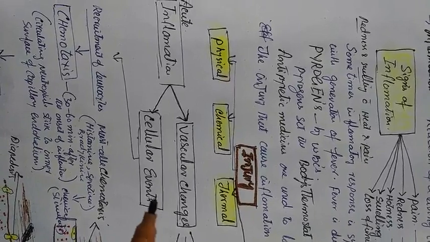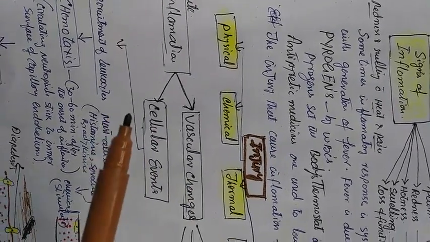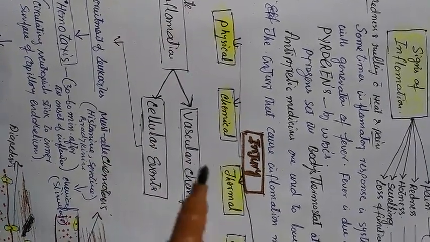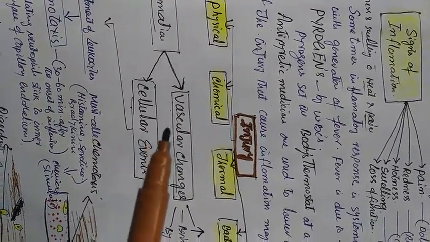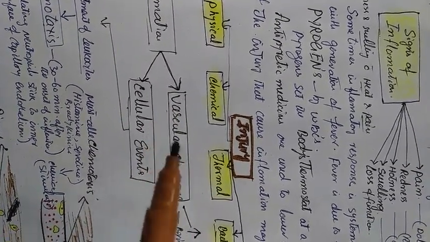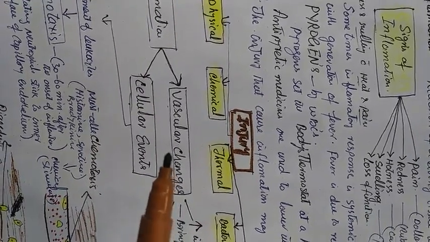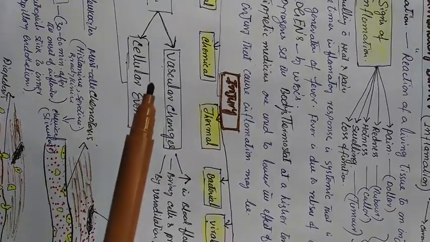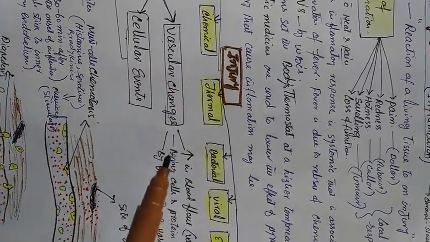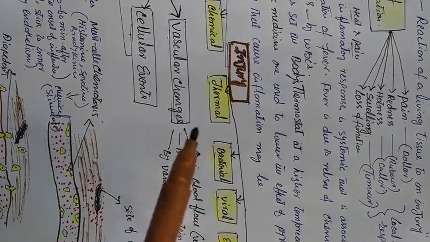Acute inflammation is characterized by two main events. The first event is the vascular changes, that is the changes which are caused in the blood capillaries. In blood capillaries, what happens?